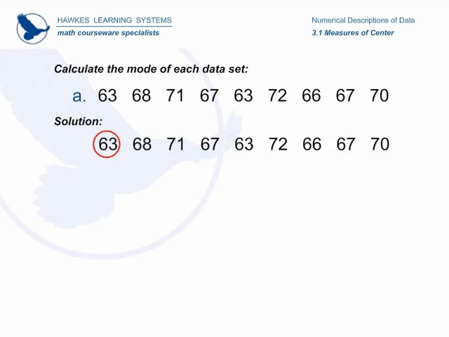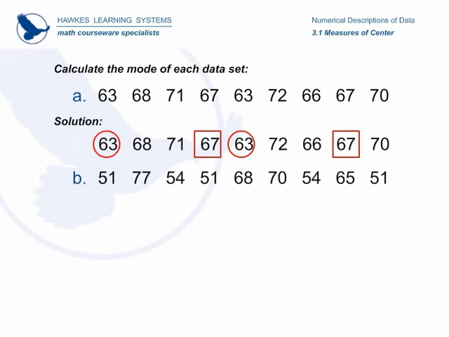For our solution, we take a look to see which data value occurs most frequently. We can see that the data value 63 occurs twice, and the value 67 occurs twice. So those two values are our most frequently occurring values. Every other data value only occurs once.